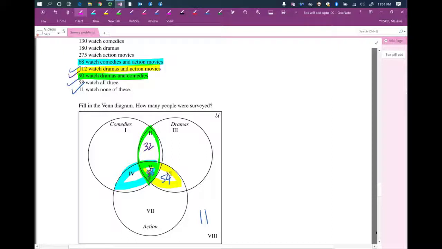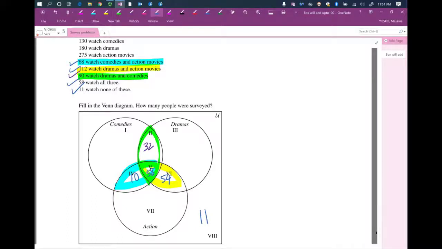These 58 people here watch comedies, they watch action movies, and they watch dramas. So these 58 are a crucial part of the 68. 68 will be the sum of these 2 regions. 68 minus 58, you get a 10 right there. I'll check. So far, so good? Okay.